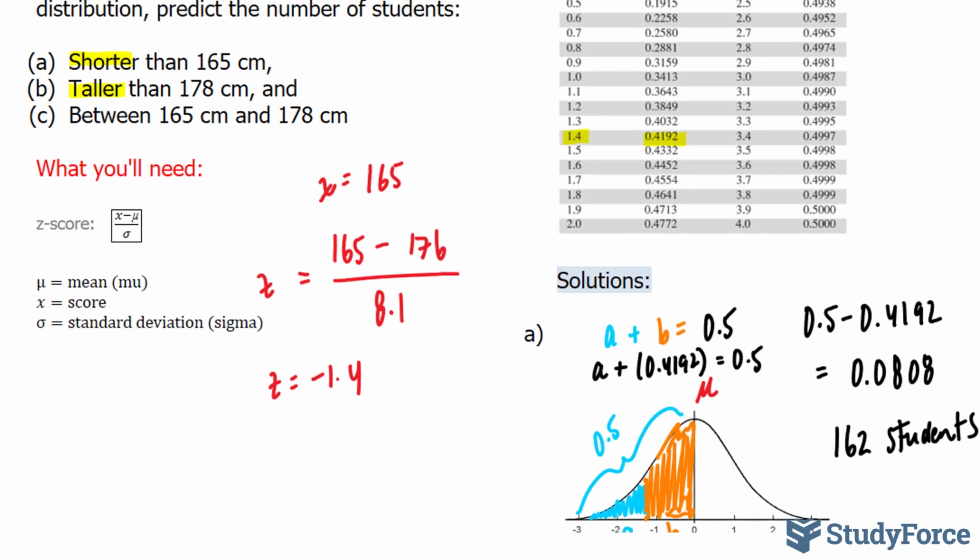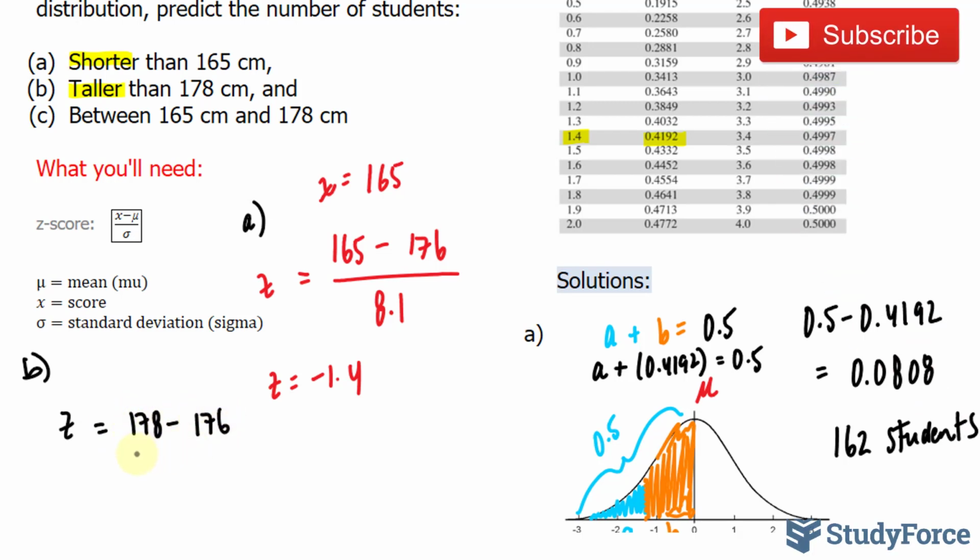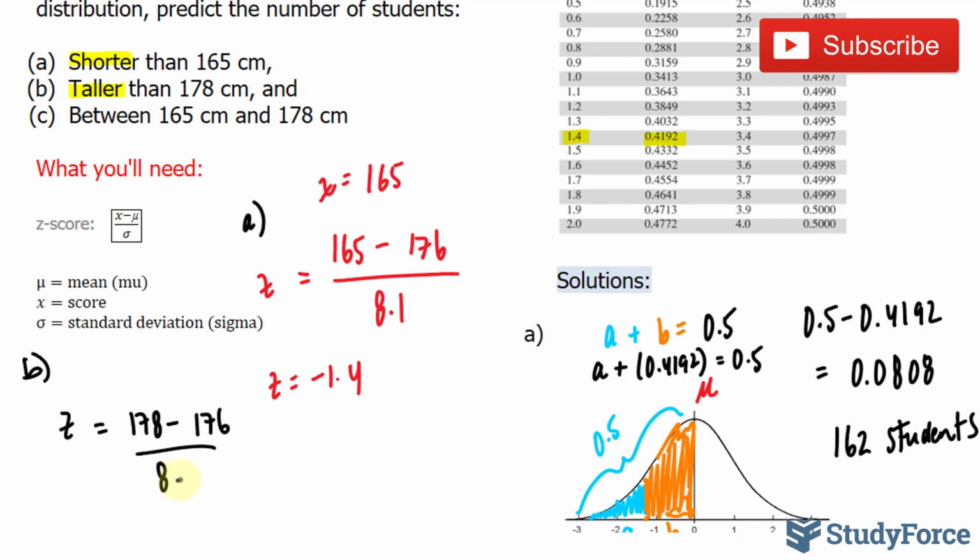In question B, they want us to find taller than 178 centimeters. Once again, we need to calculate the z-score. So I'll say z, and I'll call this part A and this part B. Z is equal to 178 minus 176 over 8.1.